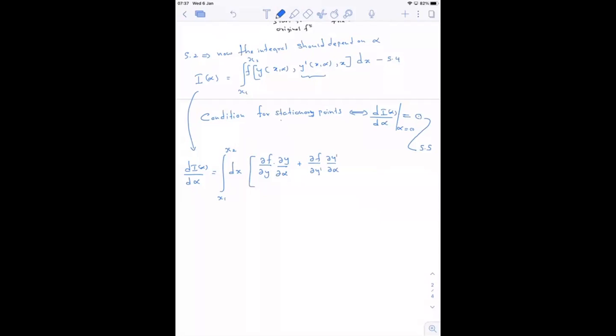That does not depend on alpha, right? You can see that even in this expression right here, x does not depend on alpha. So when you differentiate with respect to alpha, the answer should be 0, right? So this is what you will have for the expression. Now this will be 5.6.